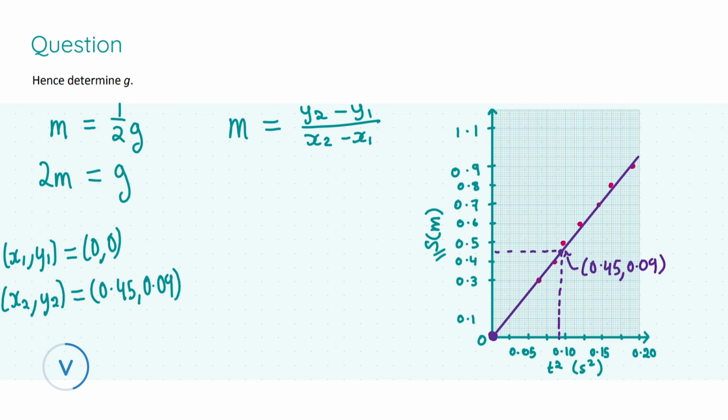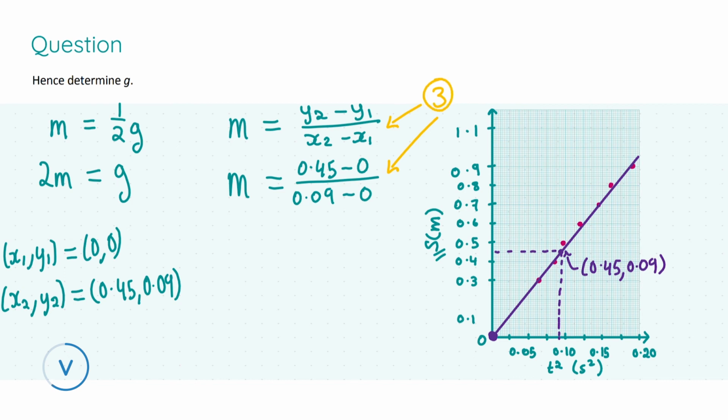Okay, so now that we have our points, let's substitute them into the formula. So we're just given 0.45 minus 0 over 0.09 minus 0. And as you can see here, even using the x1, y1 point as 0, 0 does make our calculation way easier. And I should mention that you get 3 marks for either mentioning the slope formula or substituting correctly your 2 data point values.